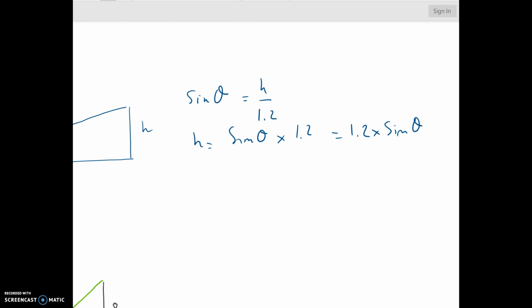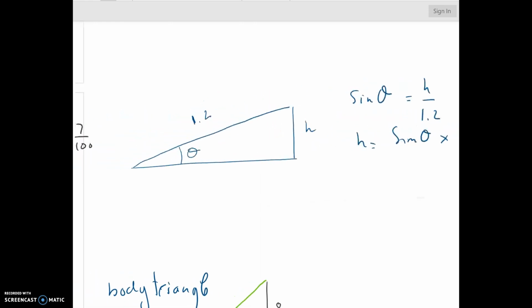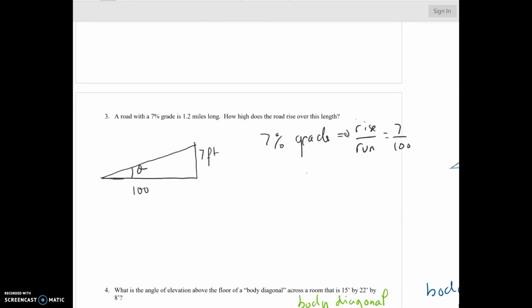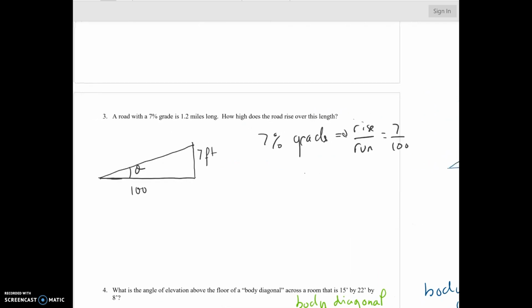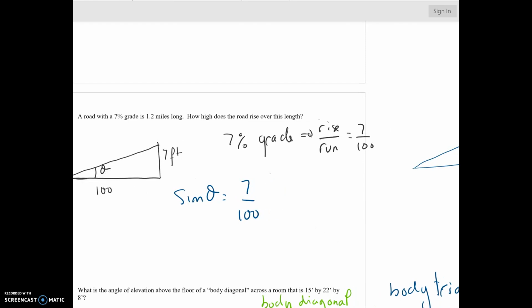So as you can see, if I want to find the value of h, I must find the value of sine theta. To find the value of sine theta, it's pretty simple. Well, I know based on the 7% grade that the sine theta is equal to 7 divided by 100.